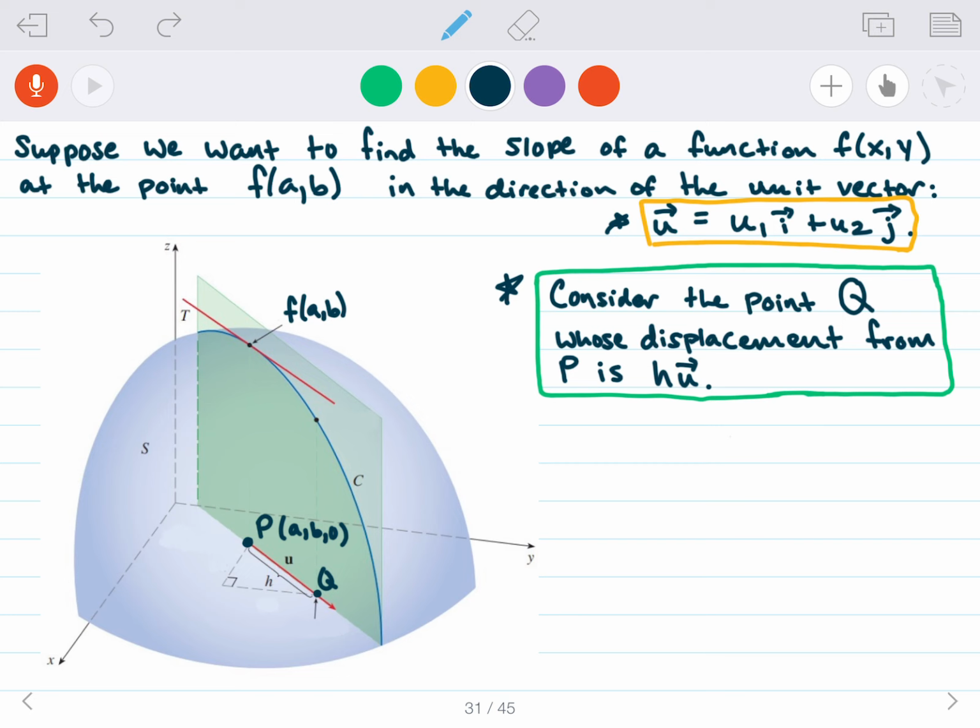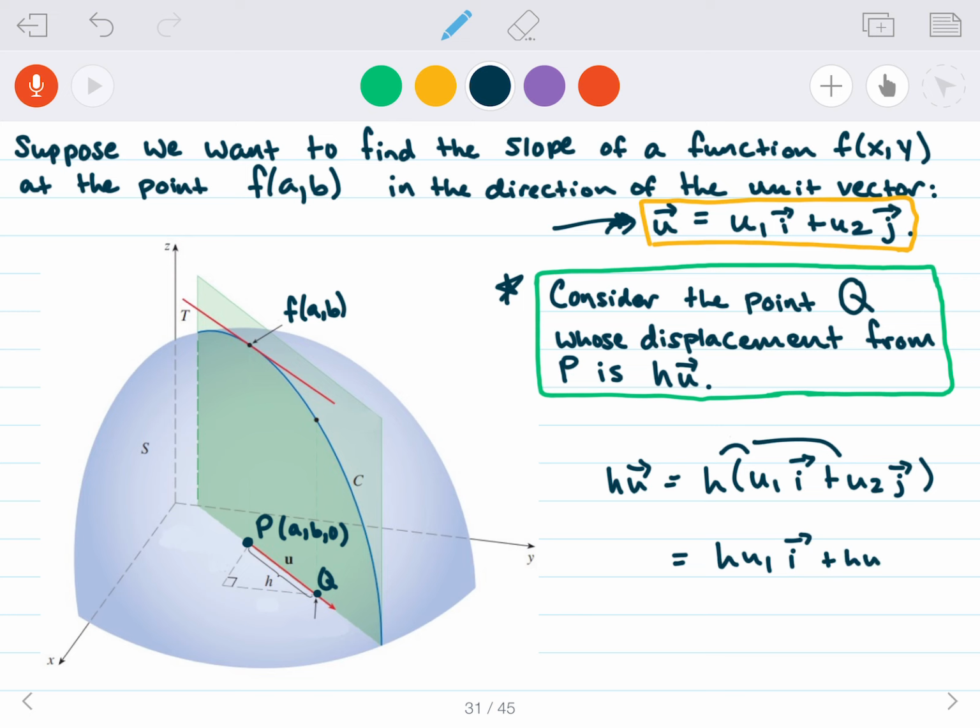So what does that mean? Well, what is hu? If I multiply the left and the right side of this u vector by h, I get h(u1 i + u2 j), and that h can distribute there, so we get h u1 i + h u2 j.